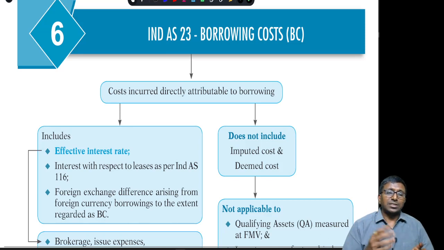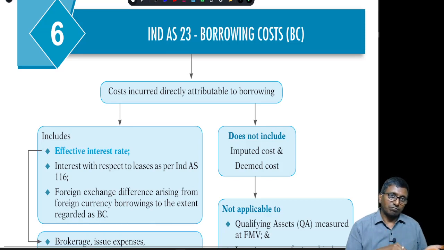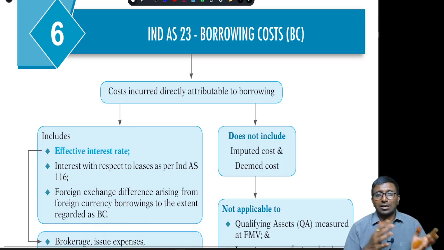Borrowing cost includes the effective rate of interest, which you have learned under Ind AS 109, and interest with respect to leases as per Ind AS 116. In case of a finance lease, whether you are a lessee or lessor, it will come in as per that.